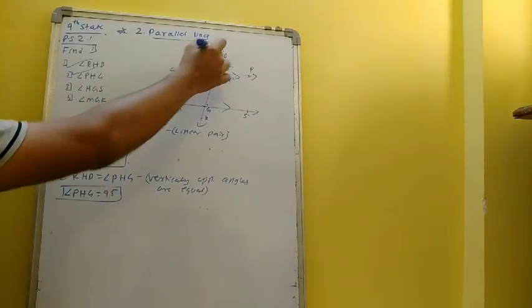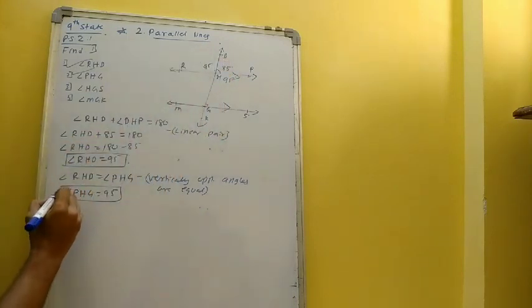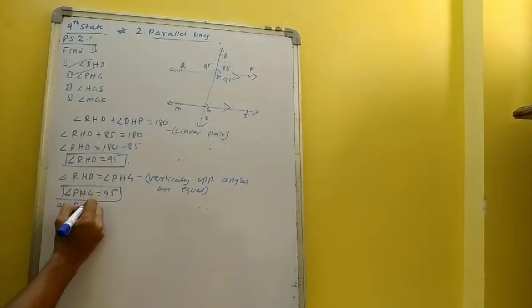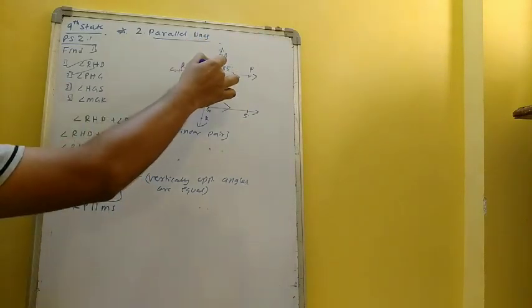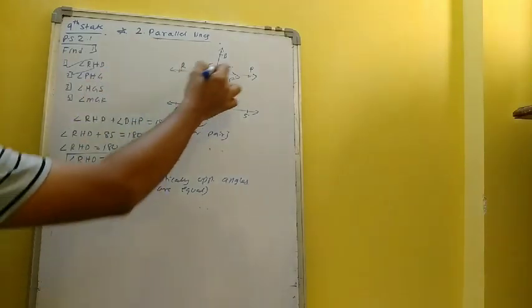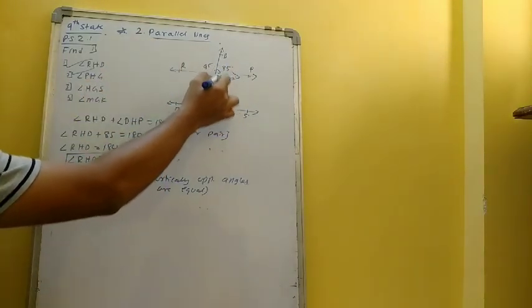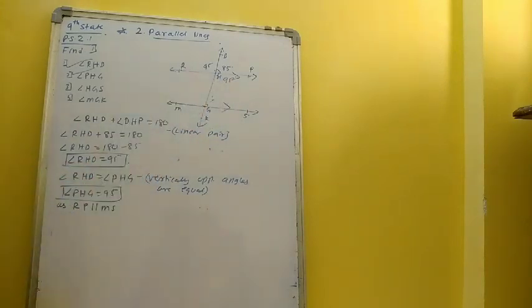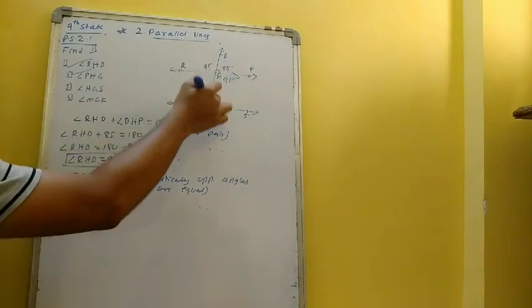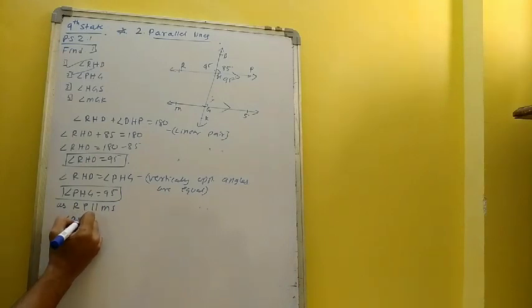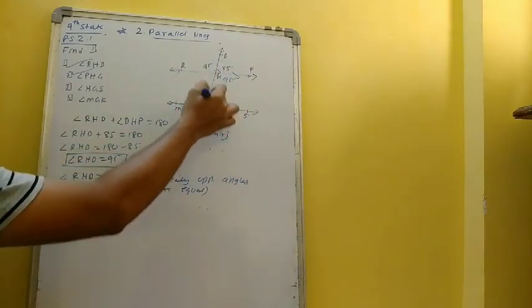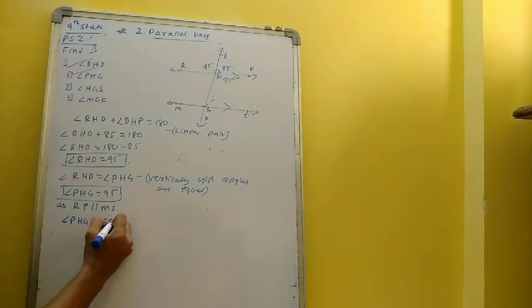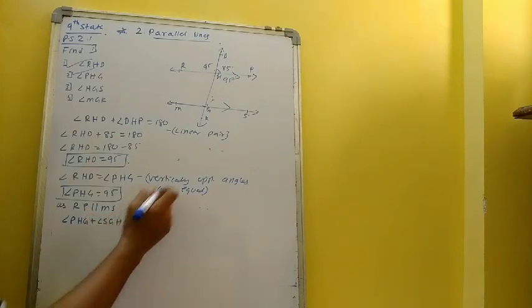Now, as RP is parallel to MS, as these are parallel, angles between the parallel lines sum up to 180. Okay, interior angle, so I can say that angle PHG plus angle SGH is equal to 180.